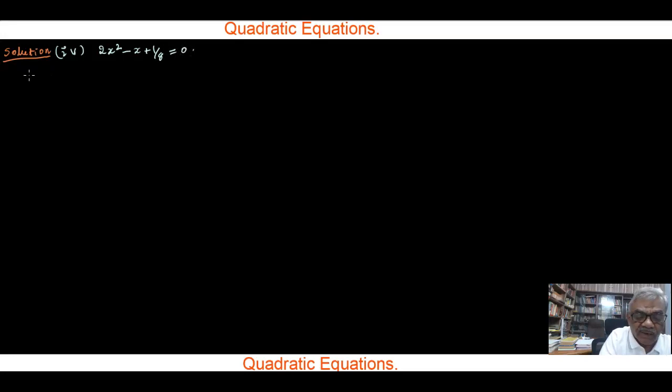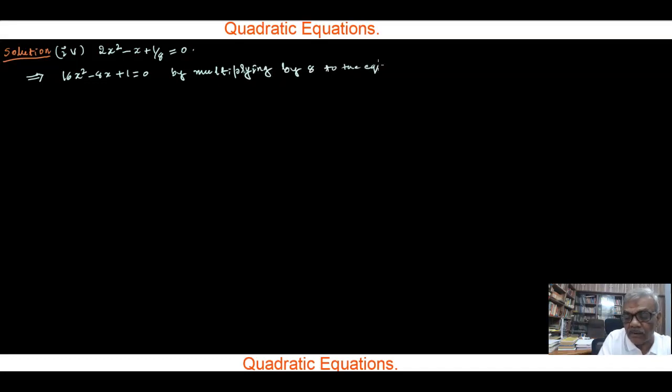Now simplifying this one, by multiplying the equation throughout by 8, we have got 16x square minus 8x plus 1 equal to 0.